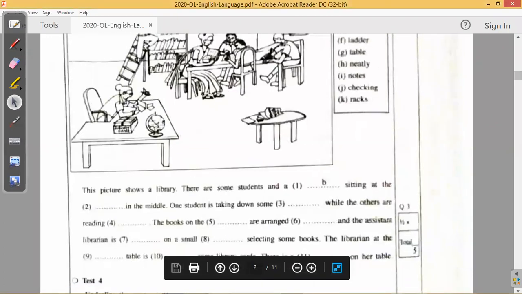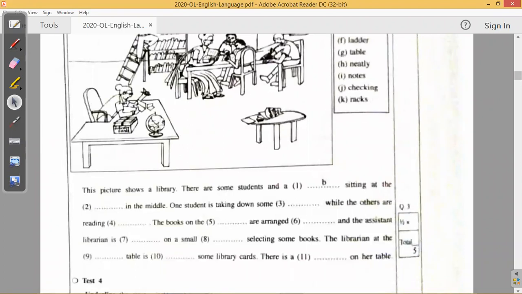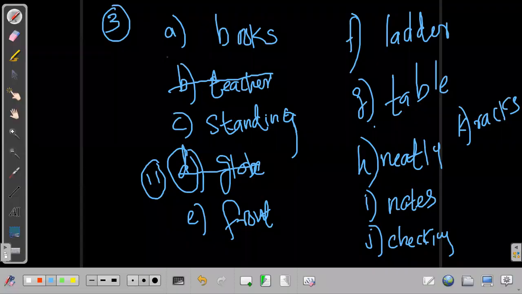Now let's go back to the original question and read what it says, okay? The picture shows a library. There are some students and a teacher sitting at the, okay, we're not quite sure. In the middle, one student is taking down some, I think it has to be notes, right? Someone is taking down some notes, okay?